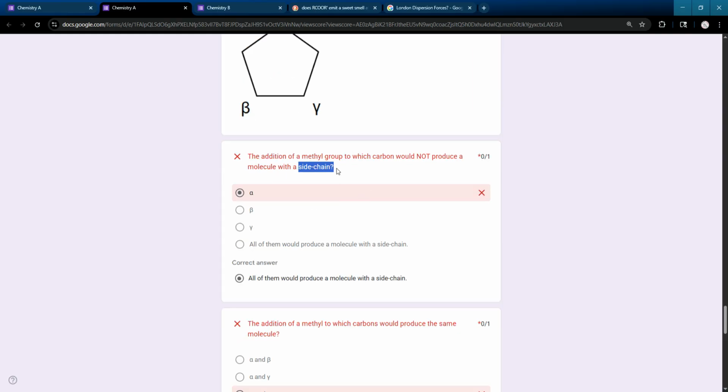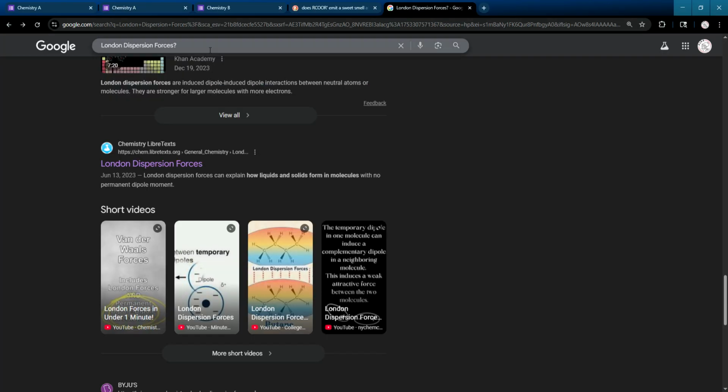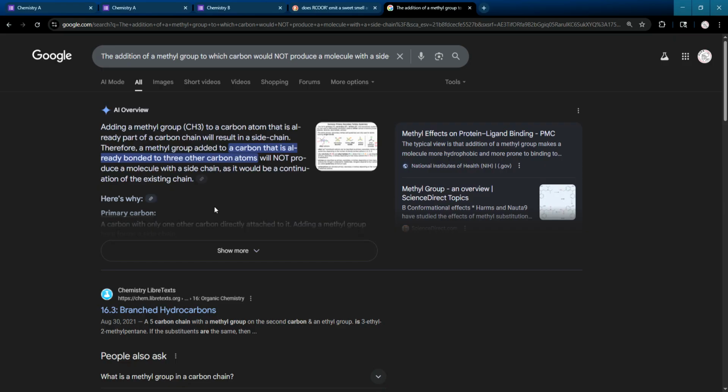Use this following diagram. So a side chain. Let's look it up, see what we get. The overview, adding a methyl group.